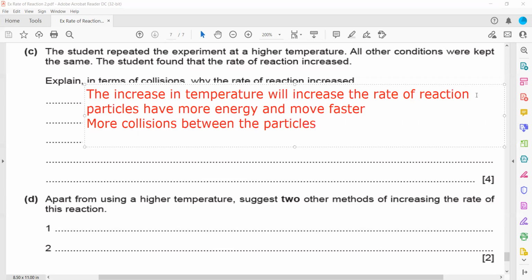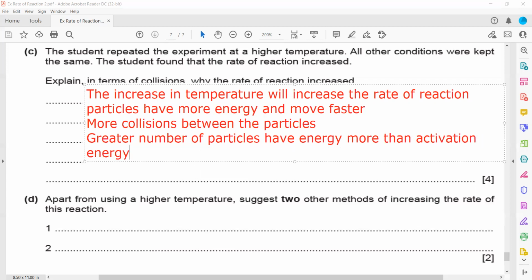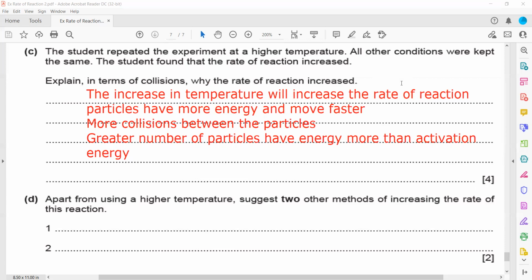And as the number of collisions increases, the rate will increase, and a greater number of the particles have energy more than activation energy. The greater proportion, so the increase in temperature will increase the rate of reaction.